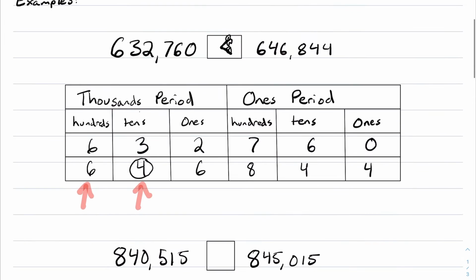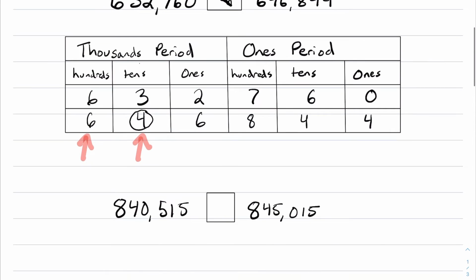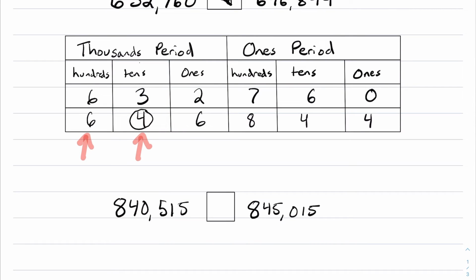Another way you can compare is by just lining them up by the correct digit and period. So we have 840,515, and we're trying to compare that to 845,015. So what we're going to do here is line them up. So kind of like we did with the period table, but we're not going to create the whole box.